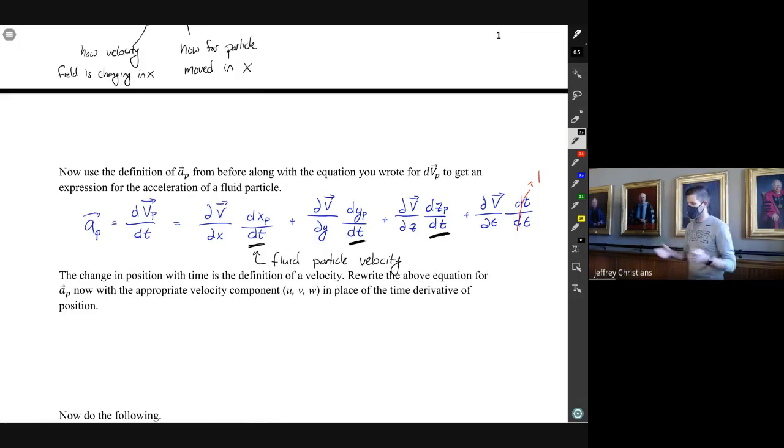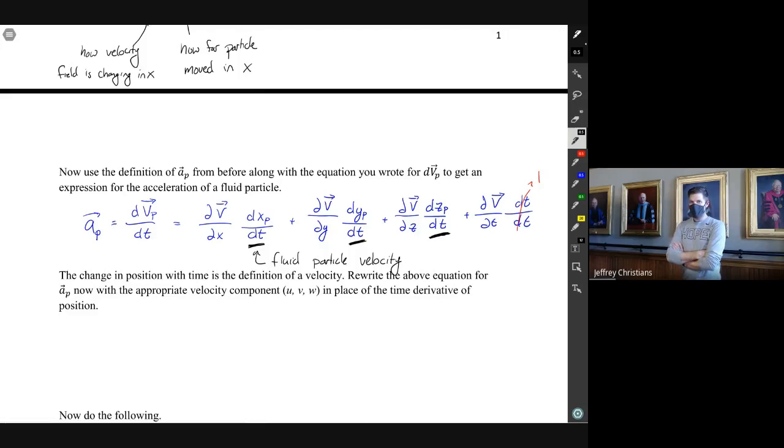The change in position with time, that's velocity. The cool part is, let's think about that. What velocity is that? It's the velocity of your fluid particle.